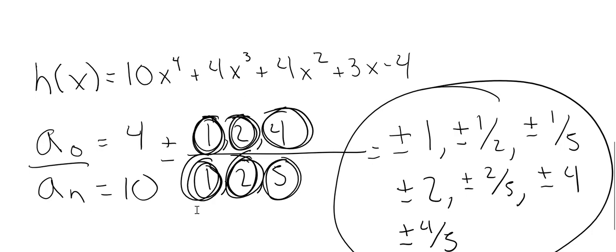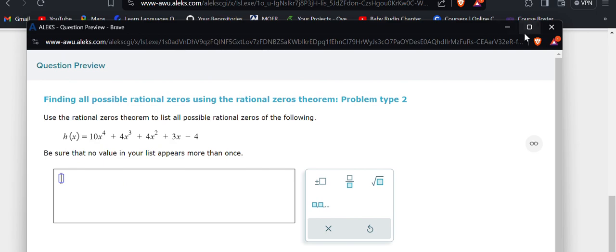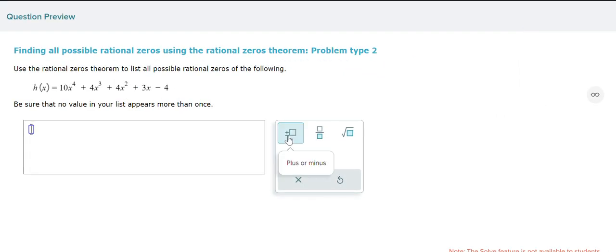It does give you the nice plus or minus symbol to put in, so please do remember how to do that. Let's see if I can drag it over here. Nope, not that way. All right, so we can see there's a plus or minus symbol. I don't have these in front of us, but just so you can see, 1, I think there was a plus or minus 2, plus or minus 4.